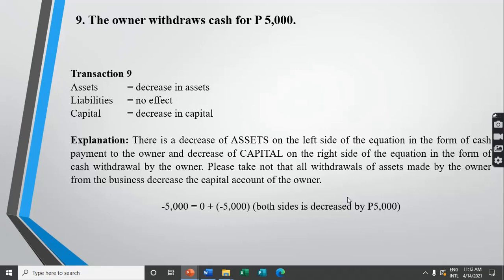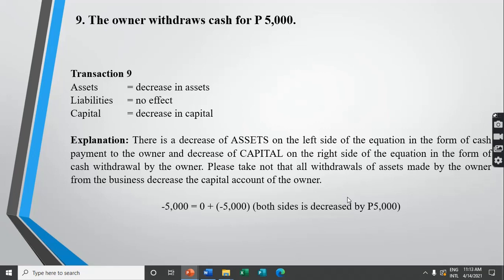So, there is a decrease of asset on the left side of the equation in the form of cash payment to the owner and decrease of capital on the right side of the equation in the form of cash withdrawal by the owner. Ayan. Nag-withdraw kasi si owner ng pera niya, which is 5,000.